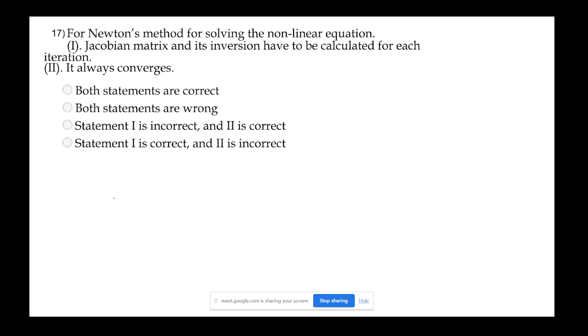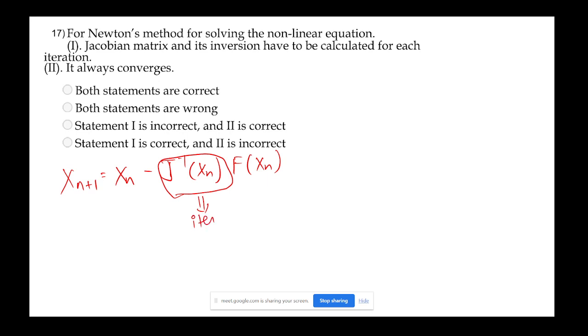For multiple variables, I had said that x n plus 1 equals x n minus J inverse at x n into f at x n. You need to calculate J inverse at every data point, and this is an iterative procedure. So obviously this is correct because you need to calculate at each iteration.